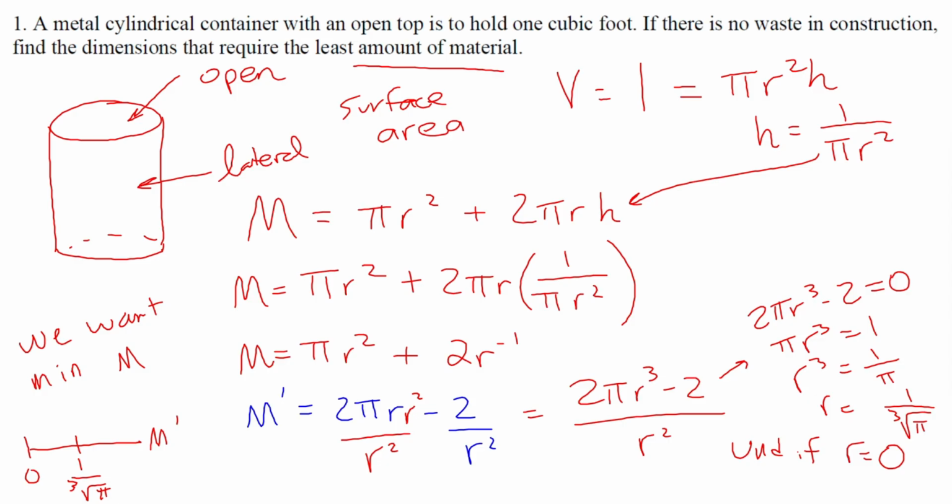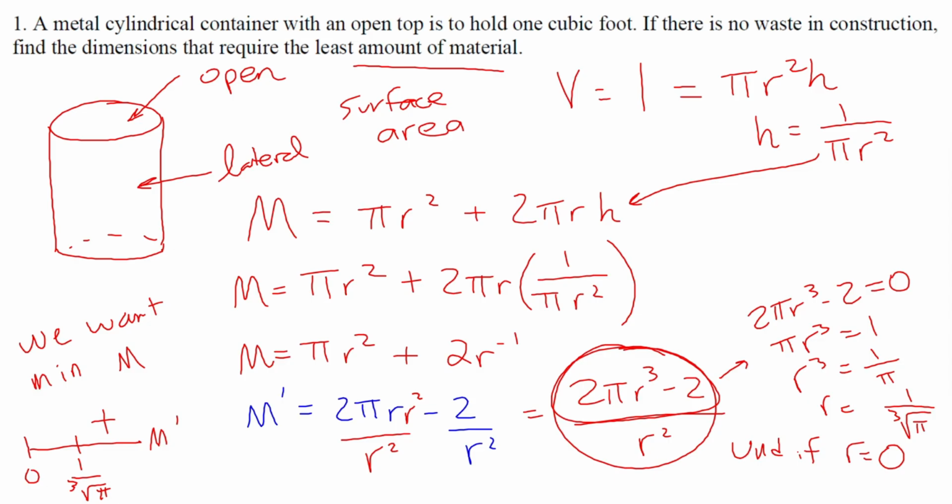And if I plug in something more than 1 over the cube root of pi, like a billion, this is clearly all going to be a positive number. So we're going to have a positive here. But if I plug in something like 1 over 1,000, something that's smaller than 1 over the cube root of pi, 1 over 1,000 is clearly going to make this numerator here a negative, right?